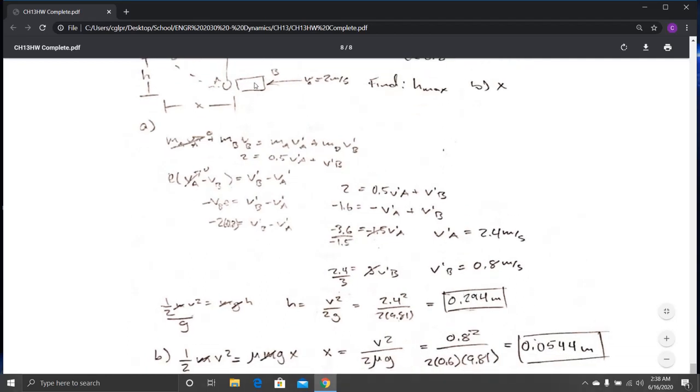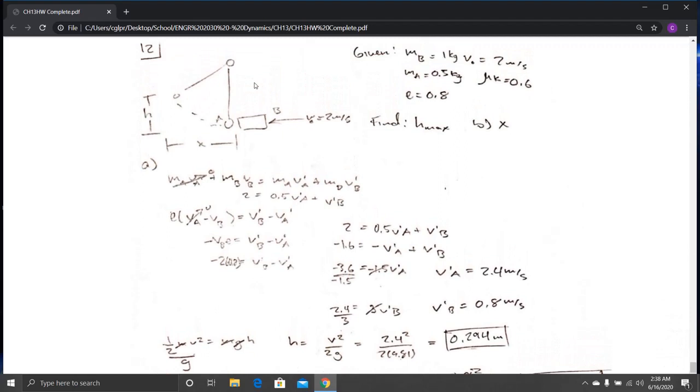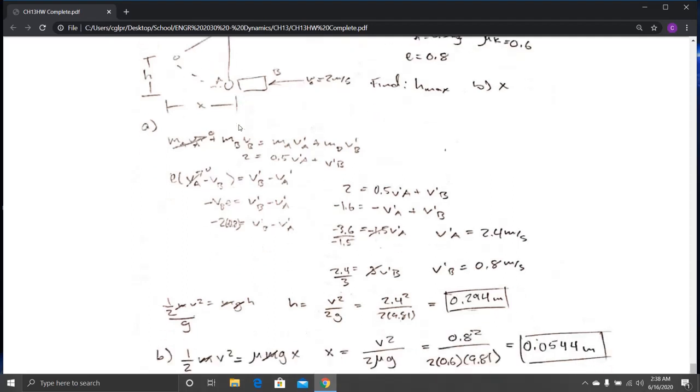For the block, it is going to come to rest when the kinetic energy after impact is all absorbed by the force of friction, which again is mu mgx, with x being the distance traveled, or delta x.